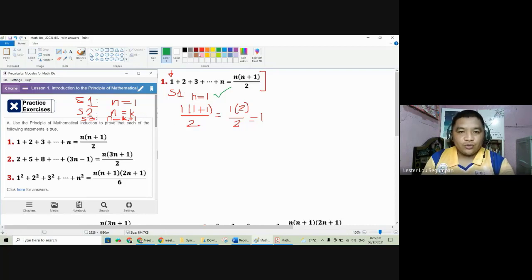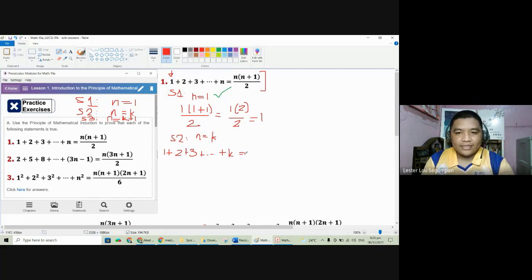So we are going to assume here that step 2 should also be true when n is equal to k. That would mean the expression here will become 1 plus 2 plus 3 plus dot dot dot plus n will become k.